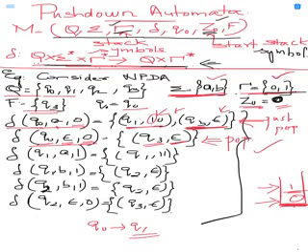Here push as well as pop will be done. Then the third function: q1, a, 1. If it is in state q1, the input read is a and the top stack symbol is 1, then it pushes 1 onto the stack and remains in the state q1.